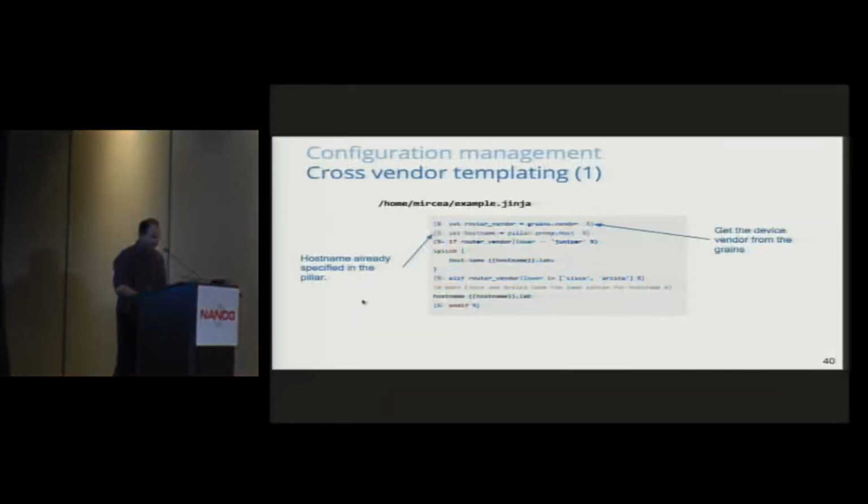It says if it's a Juniper device, apply this configuration part. If it's Cisco or Arista, apply this one. So it's already much simpler, if you have a multi-vendor network, to identify whether I am running against a Juniper, a Cisco or an Arista, all in one single template. Of course, you can split it out in multiple templates and include them. This is the best practice.